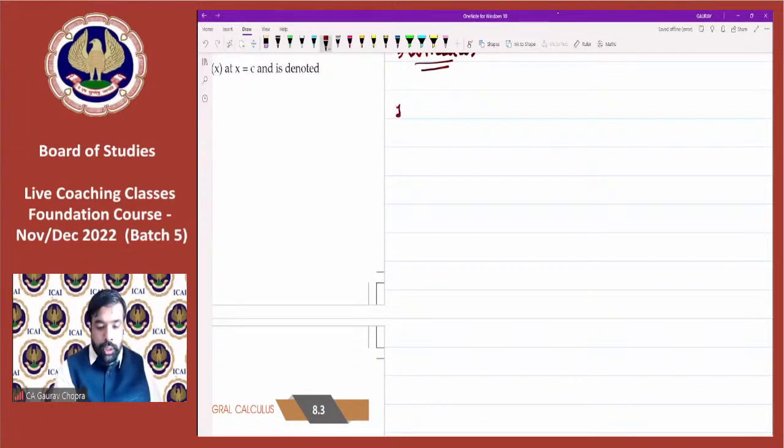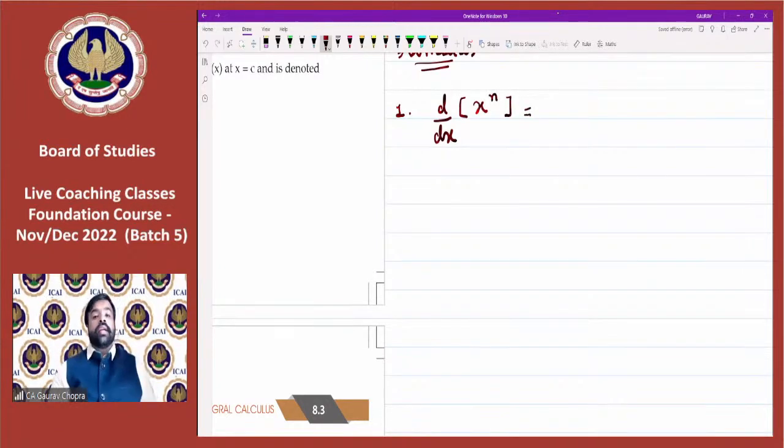The first formula which we are writing is d by dx. d by dx means we are finding the derivative with respect to x. If we have to find the derivative of x to the power of n, then what will be the result?